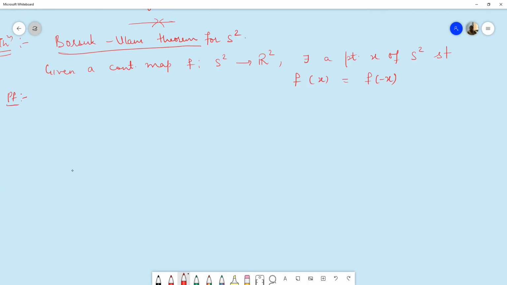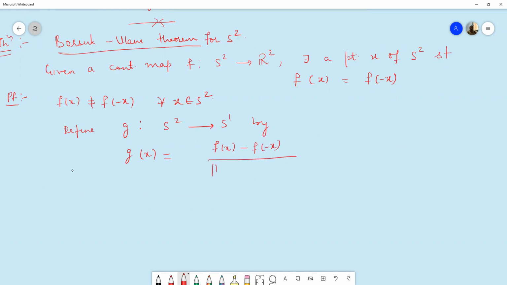Again, we will prove it by contradiction. Now suppose f(x) is not equal to f(minus x) for all x in S2. There is no such point. Now we define a mapping G from S2 to S1 by G of x is equal to f(x) minus f(minus x) divided by its norm.